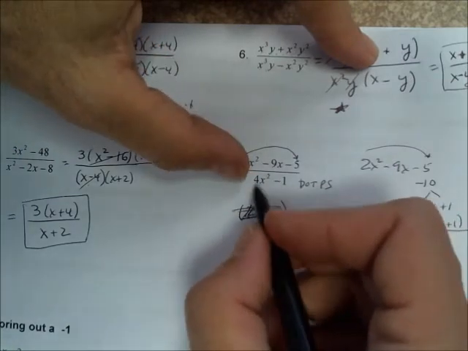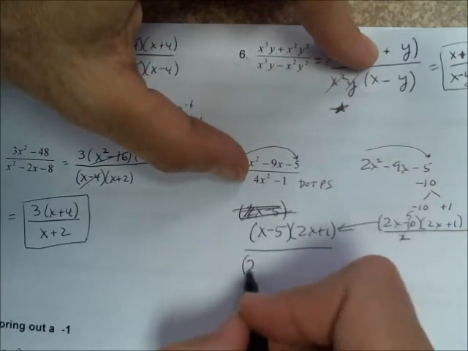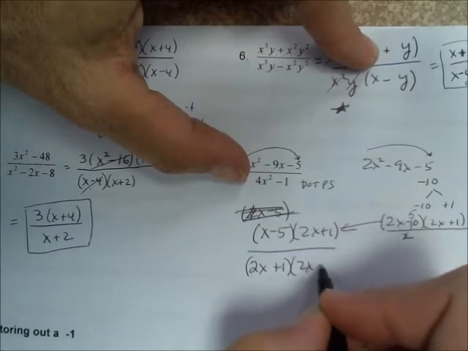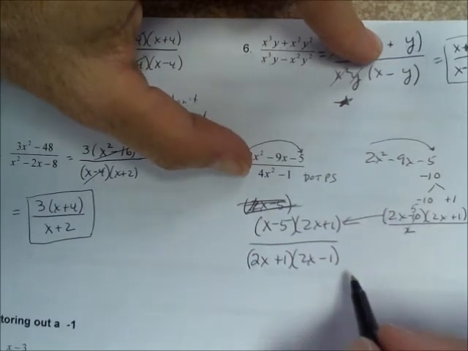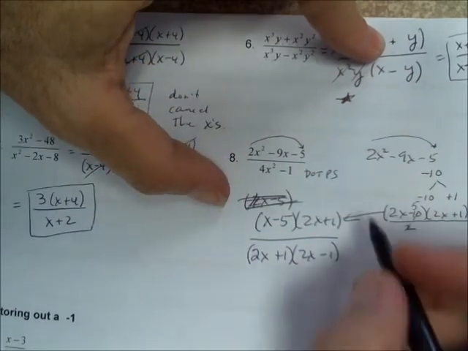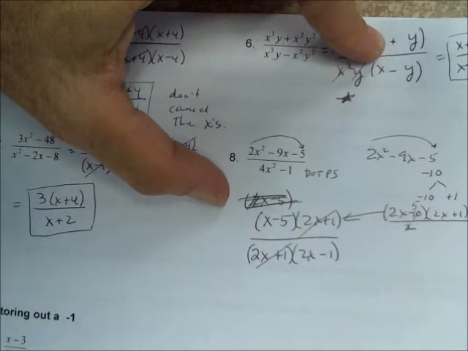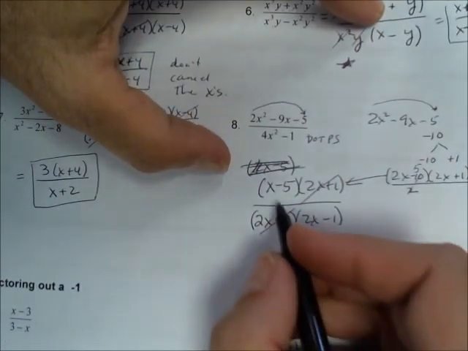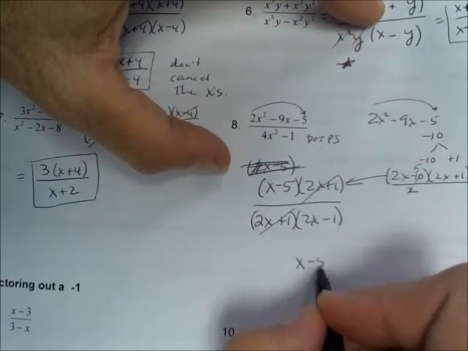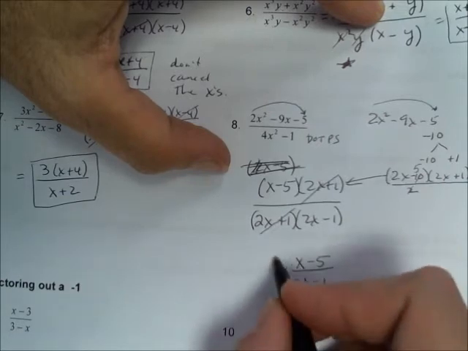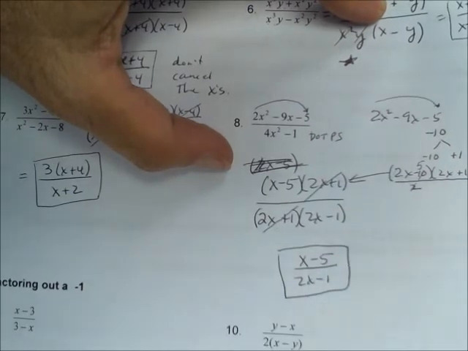I see 4x squared is a perfect square, 2x plus 1, 2x minus 1. So we have factoring top and bottom, and I see a 2x plus 1 as common factors that can cancel out. So what we have in the end is an x minus 5 on the top, a 2x minus 1 on the bottom. Those x's do not cancel, they are terms, so that's the final answer.